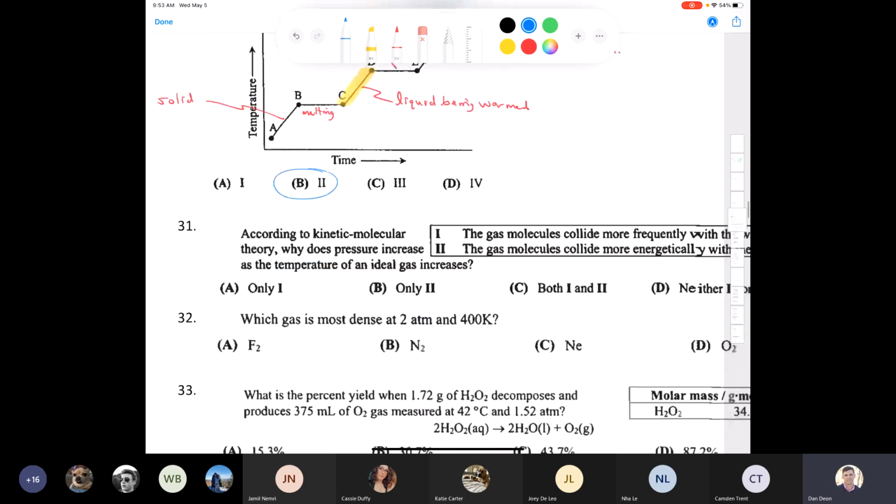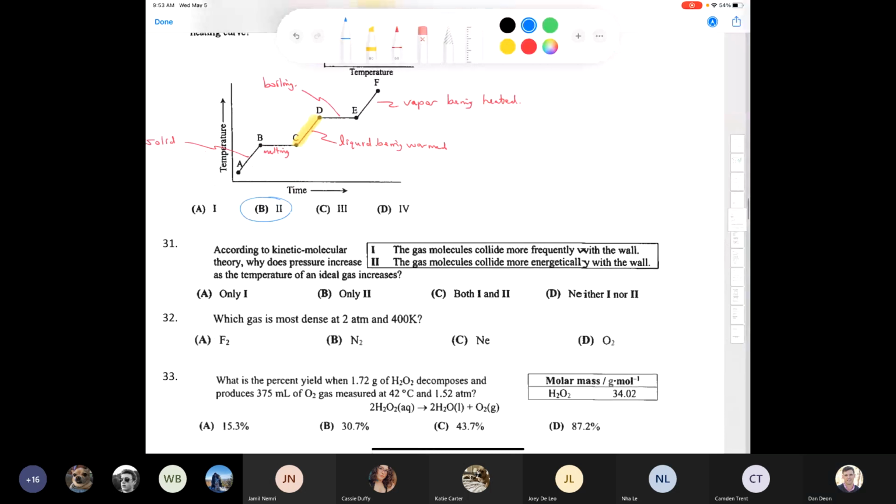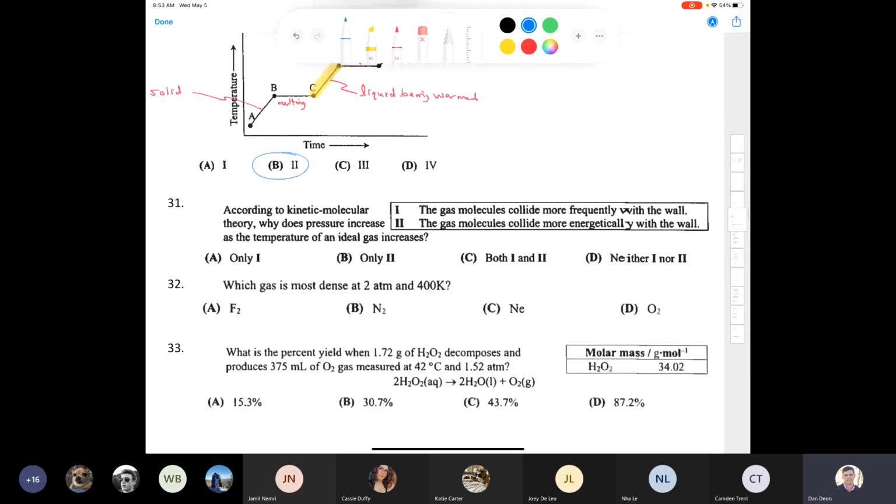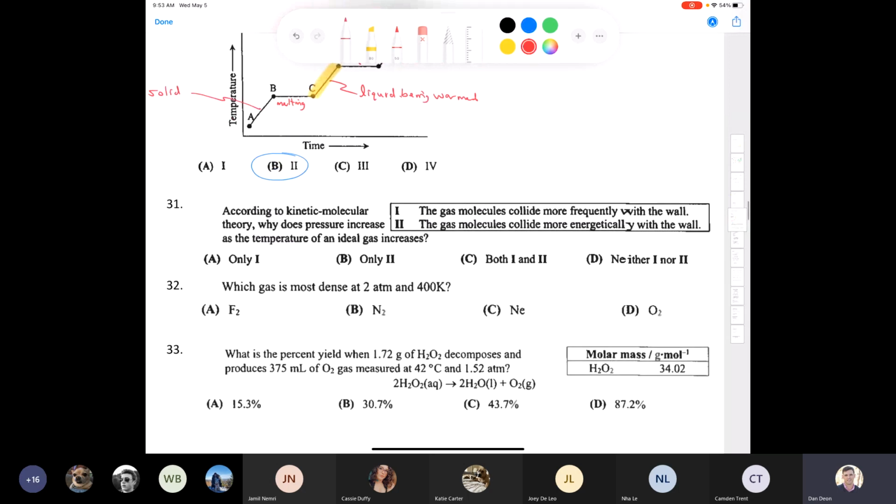Okay, where are we? Question number 31. Deals with the kinetic molecular theory of gases. It says, according to the kinetic molecular theory, why does the pressure increase as the temperature of an ideal gas increases? So this goes back to the kinetic molecular theory of gases, General Chemistry 1. So let's see, we got the gas molecules collide more frequently with the wall. Well, yeah, right?